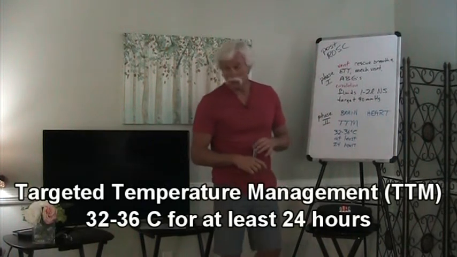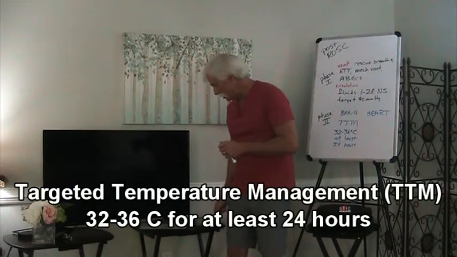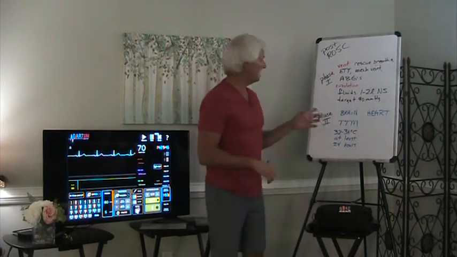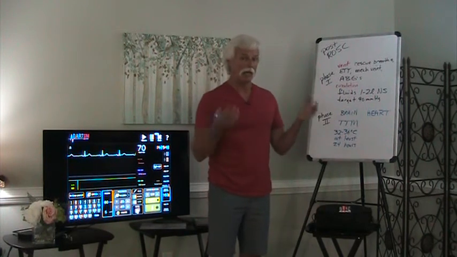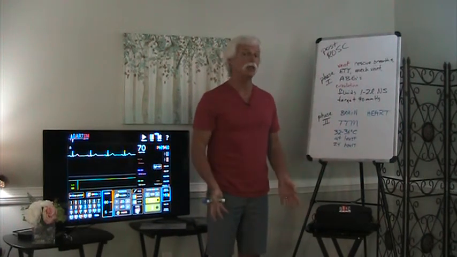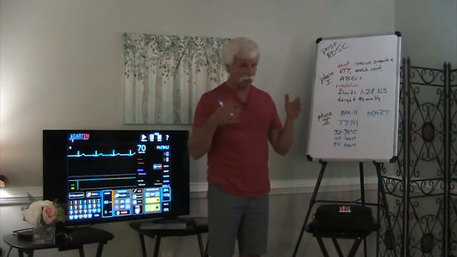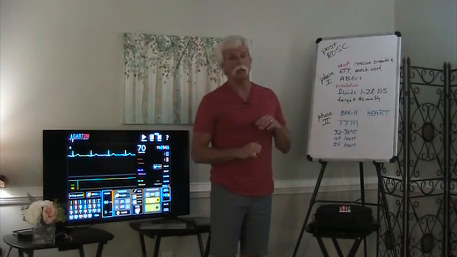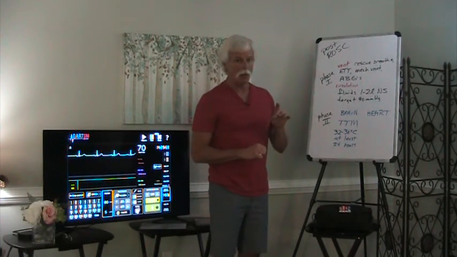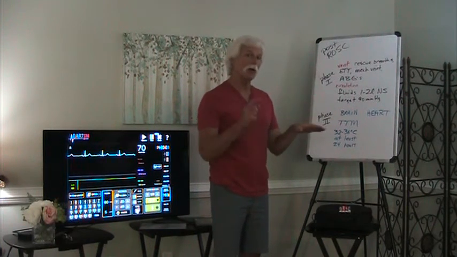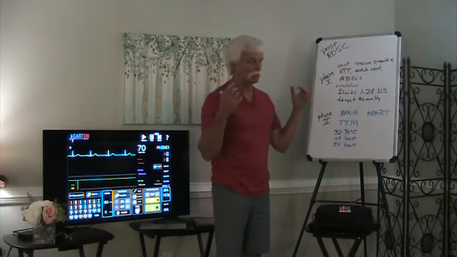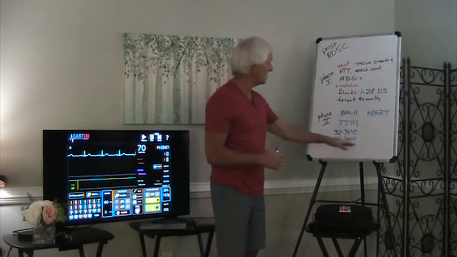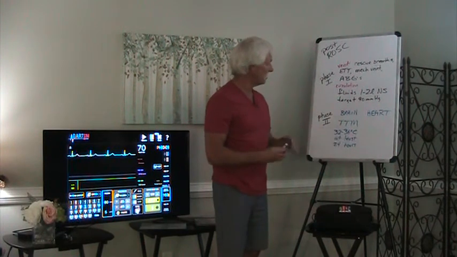And what we found was that when we resuscitated patients from cardiac arrest and put them into this therapeutic hypothermia, and it worked, and the patient began to wake up and have improved cerebral function, we would terminate the therapeutic hypothermia before the 24 hours was over, and we would also shortcut the benefit. The patient's brain would swell again, and we'd end up with the same damage to the brain as we did before. So this minimum of 24 hours is very important.